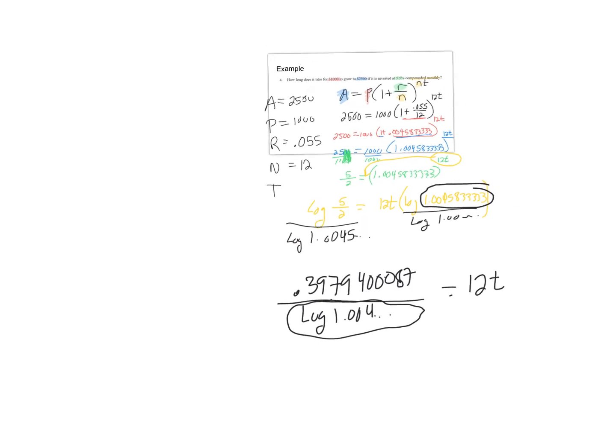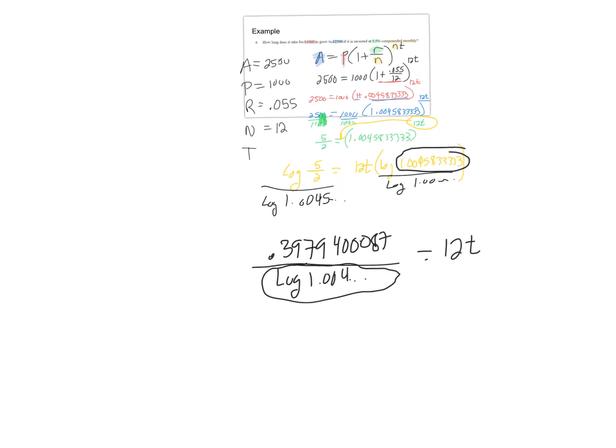I forgot to shrink this some more. So when I do that, I'm going to get 200.3757886 is equal to 12t. Now obviously we're not done yet because we still have this 12 here we got to get rid of. So we got to divide by 12.